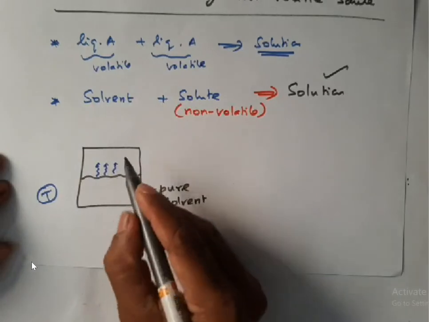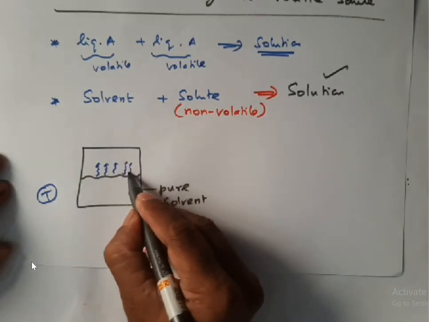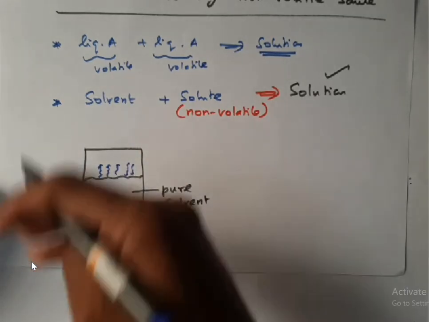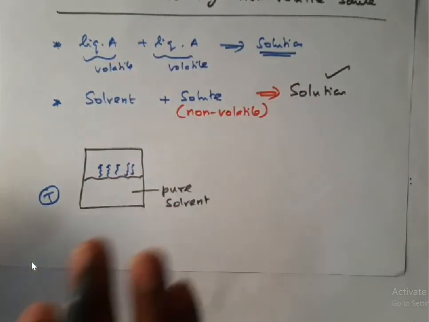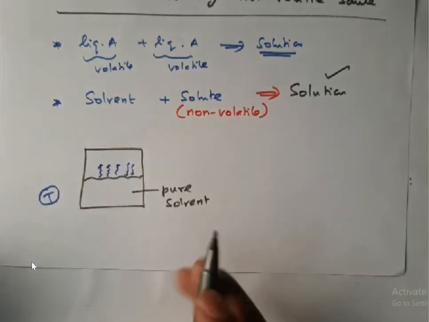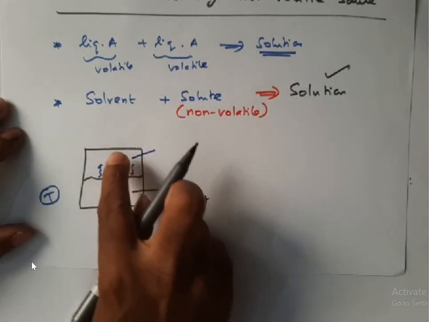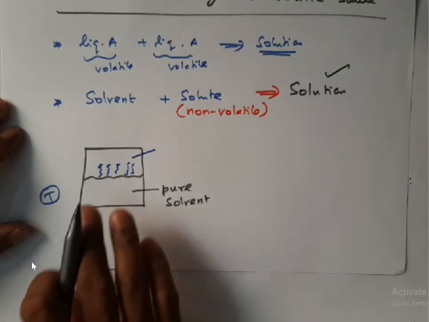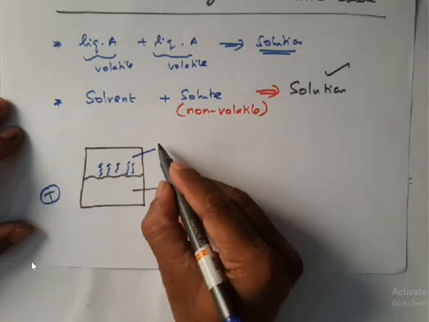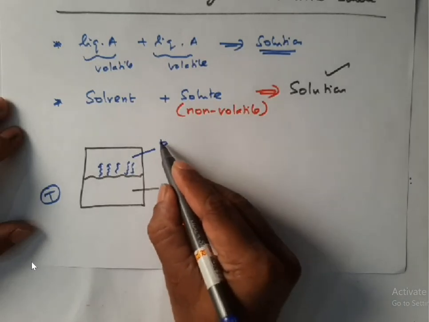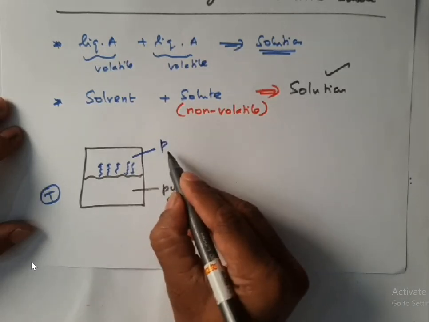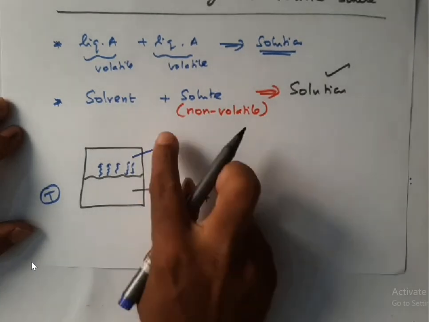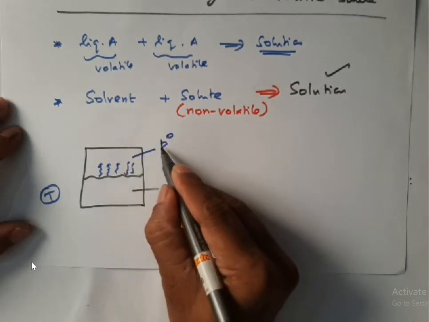Evaporation takes place first, then after that you'll get condensation, and after one stage you'll get equilibrium, right? Rate of evaporation and rate of condensation become equal. At the equilibrium, you measure the vapor pressure above the liquid. Let me take it as vapor pressure of pure solvent. Pure means I'll put a not symbol, and this is vapor pressure of pure solvent.